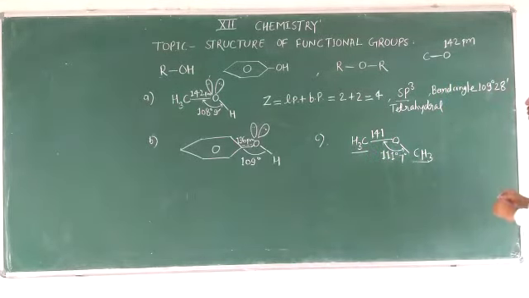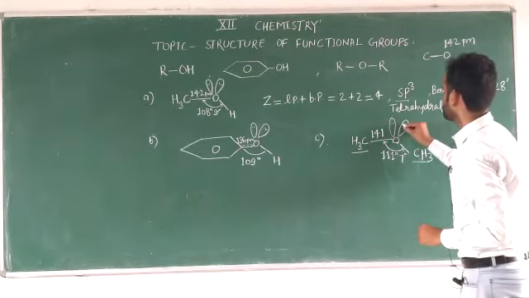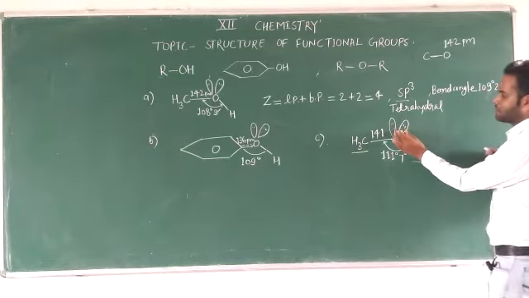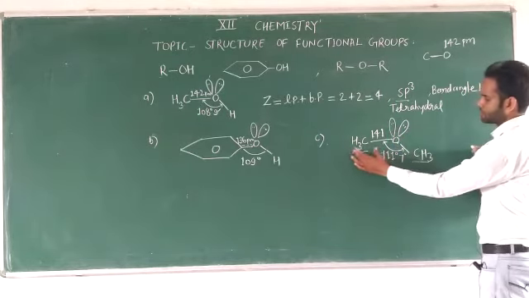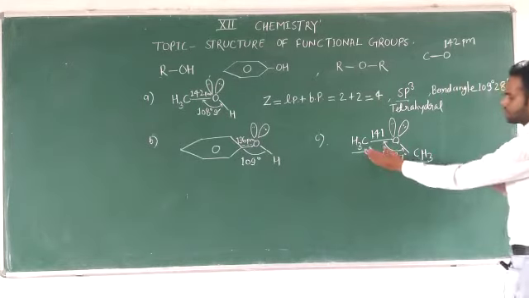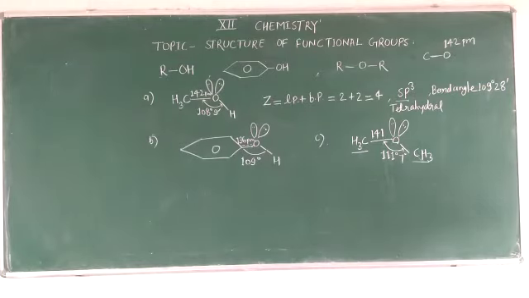Because it has two lone pairs, there is repulsion between them, but it will not be more than the repulsion between these bulky groups, H3C and CH3.